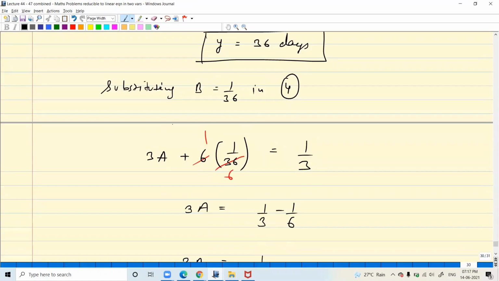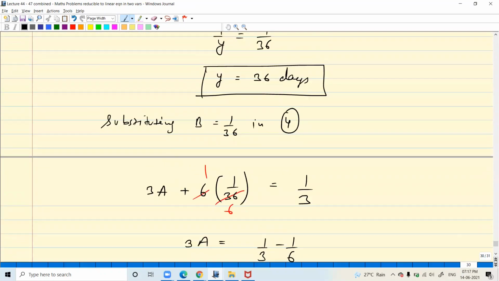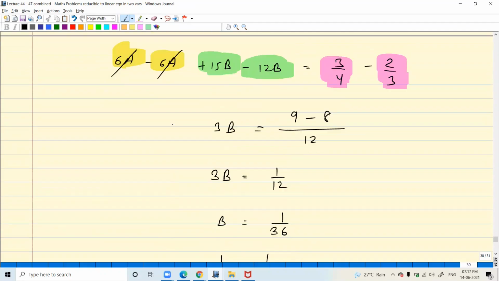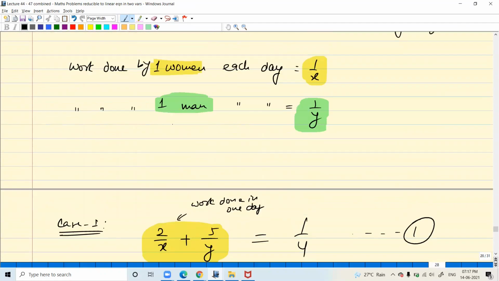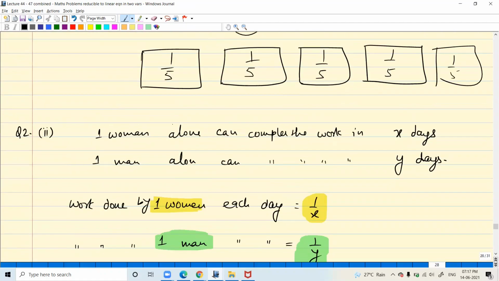So x is 18 and y is 36. So looks like women are working harder. One woman alone can finish the work in 18 days, but one man alone takes 36 days.